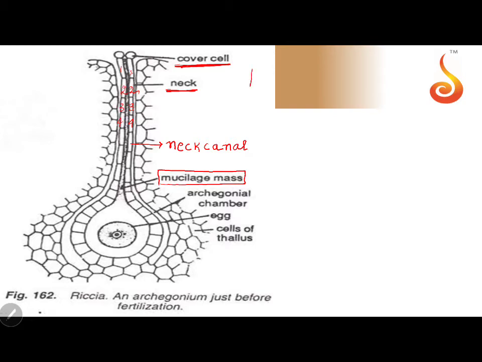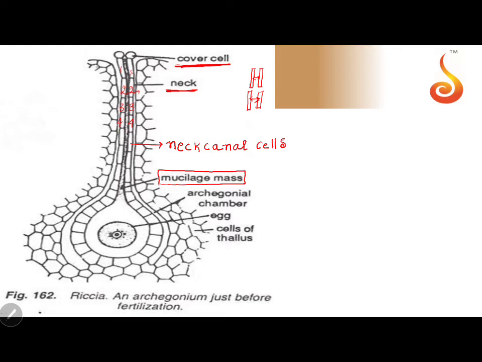So the cells will align on either side in such a way that there is a space between them, creating a passage. So the cells which line up to create such a canal-like passage in the archegonium is neck canal cells.